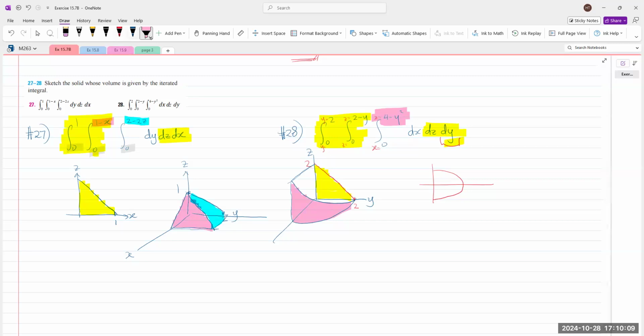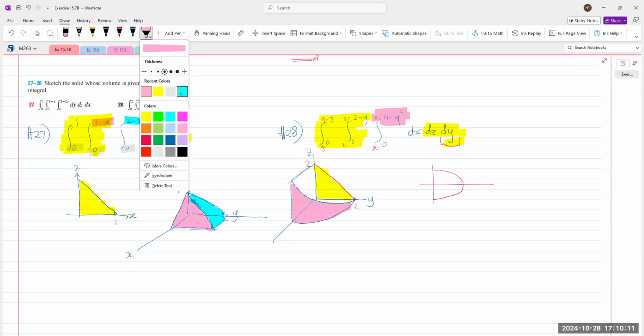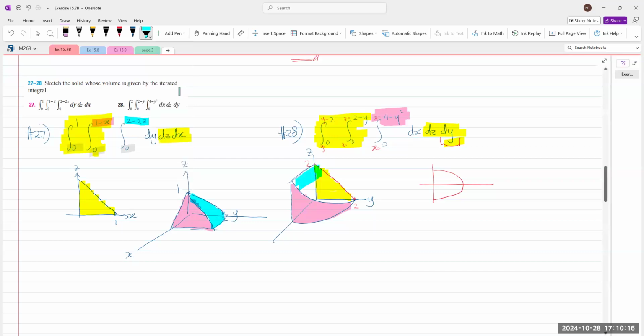Okay, and the top, it is bounded by this guy. Okay, that's the top. Okay then, that's for number 27 and number 28.